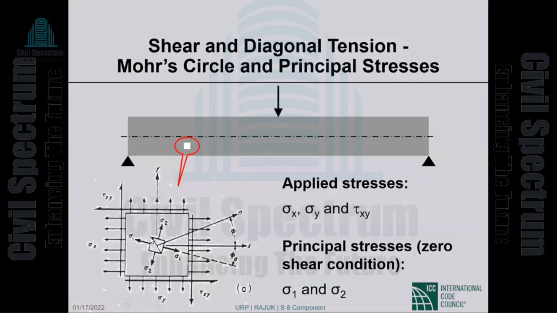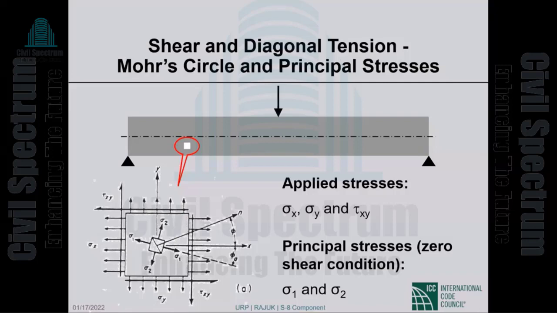However, if you take an element inclined at a particular angle, then it is possible for the shear stresses to disappear and for the element to be subject only to normal stresses. Those normal stresses are called principal stresses. Those are the largest stresses that an element can be subject to.